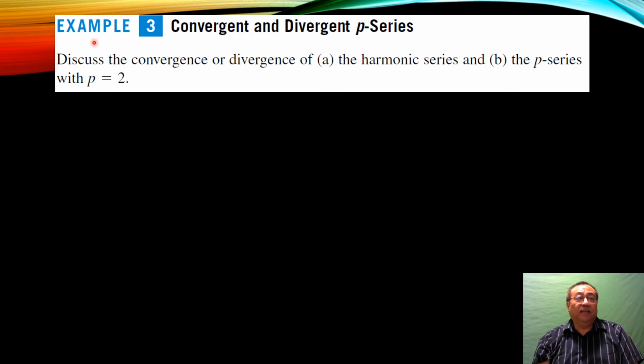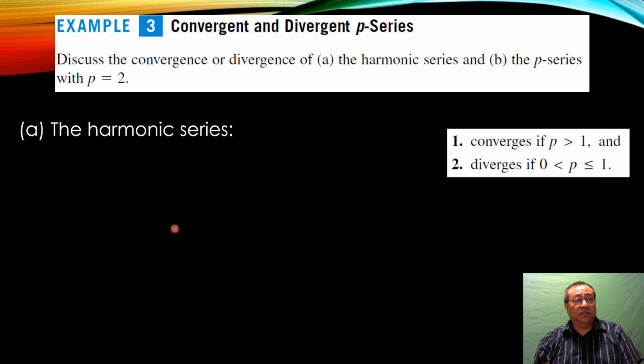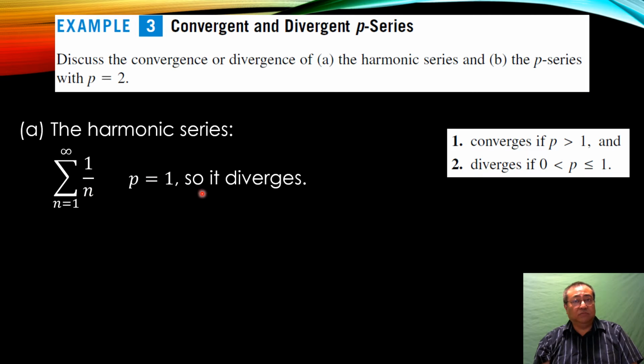All right. Example 3, convergent and divergent series. We're going to look at convergence or divergence of the harmonic series and the P series with p equals 2. Harmonic series. This is just a reminder of what that theorem says. Harmonic series looks like this, 1 over n. Here, the exponent is 1. So, according to this, because p equals 1, it diverges. Let's look at the P series of p equals 2.